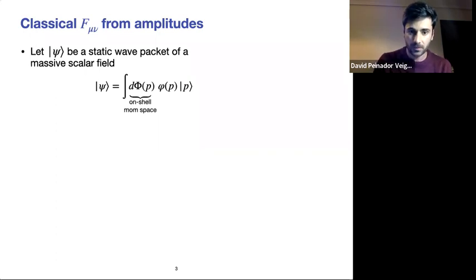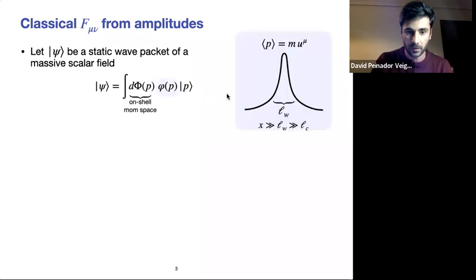And φ is just the usual waveform of the wave packet, which we take to be sharply peaked around the classical momentum u, where u is a unit time-like vector. We also require this ordering of the scales in order to have a well-defined classical limit, so that this corresponds to a particle in the classical limit.